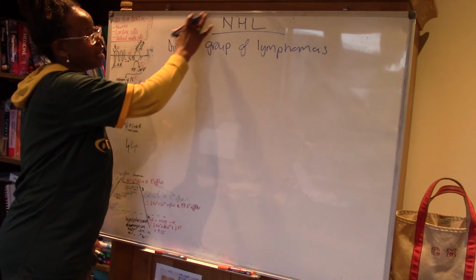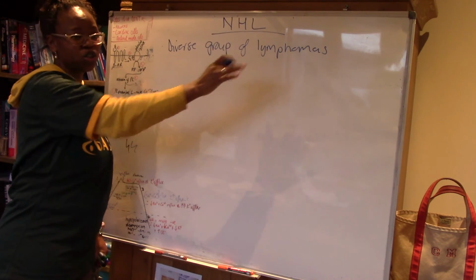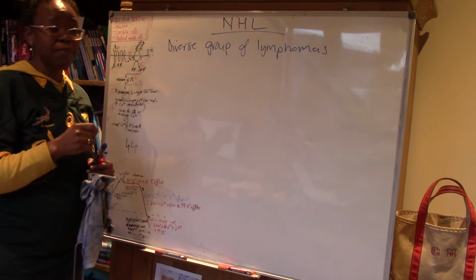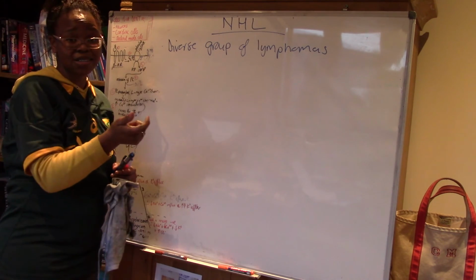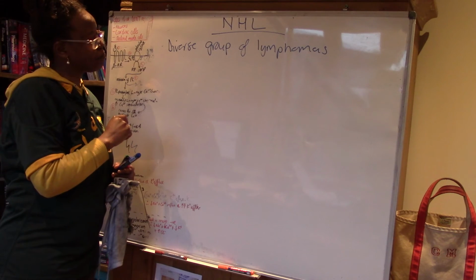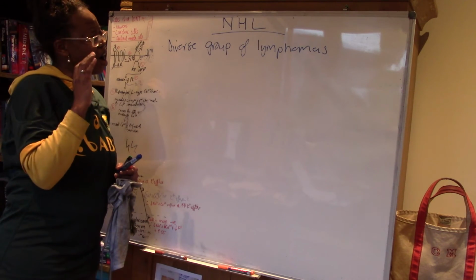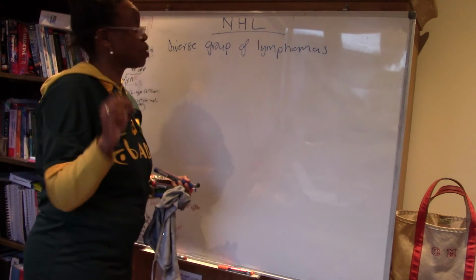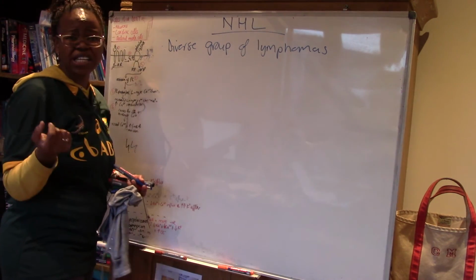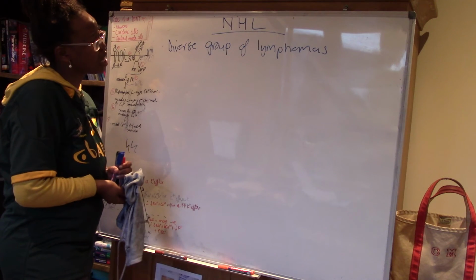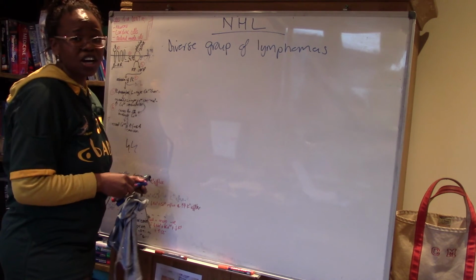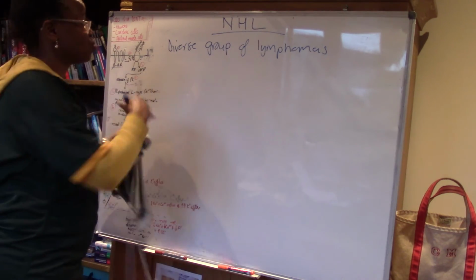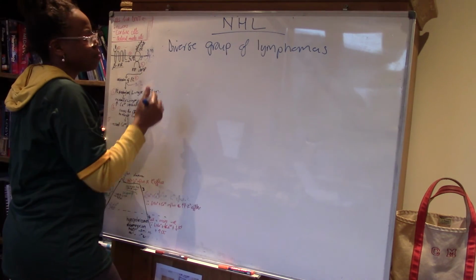If it doesn't, and it's a lymphoma, it's a non-Hodgkin. So there is an enormous number of these cancers, and I decided to only focus on 3 because I wouldn't finish them all if I were to try and do them.